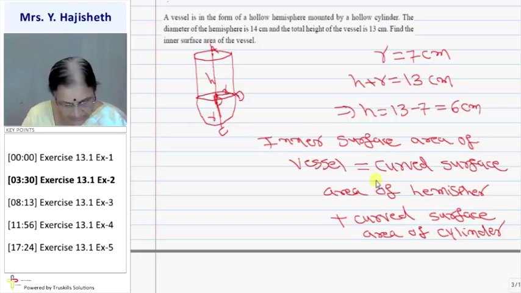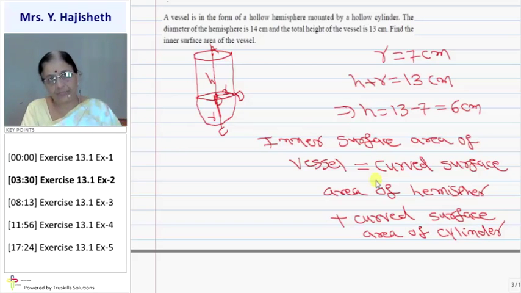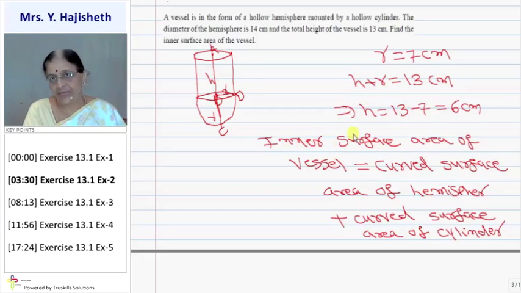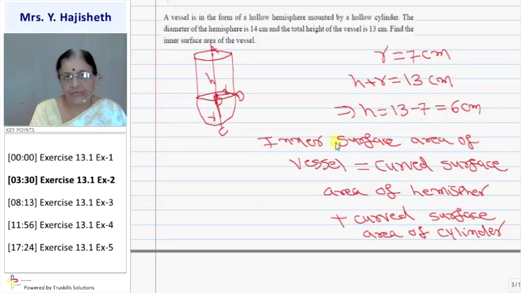Find the inner surface area of the vessel. Now see, look at this figure. Here R is given as 7 centimeter. Clear? And H plus R is 13 centimeter. So that implies H is equal to 13 minus 7, so 6 centimeter. Clear?